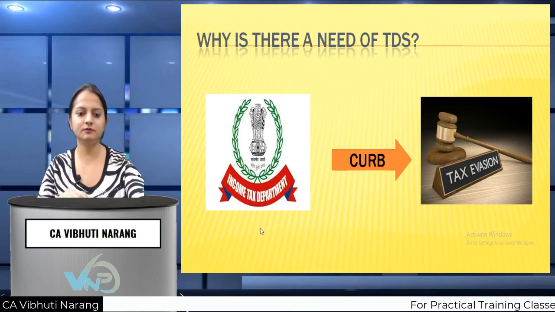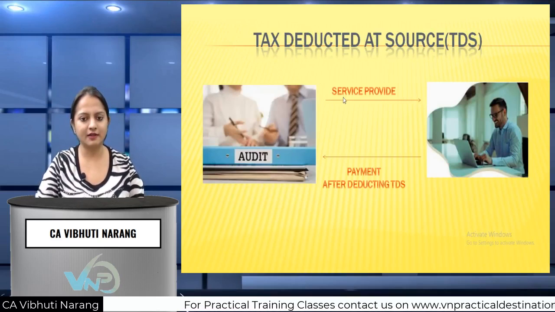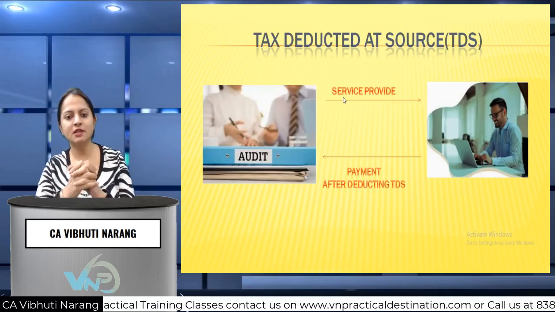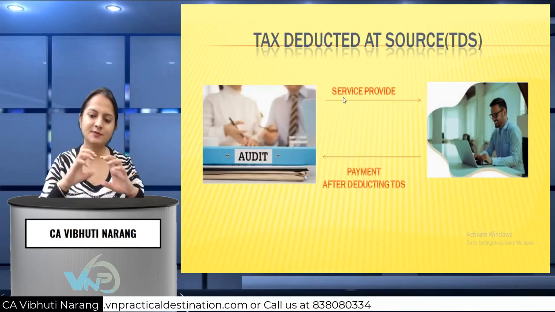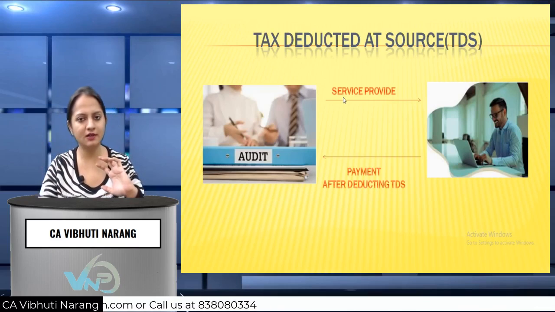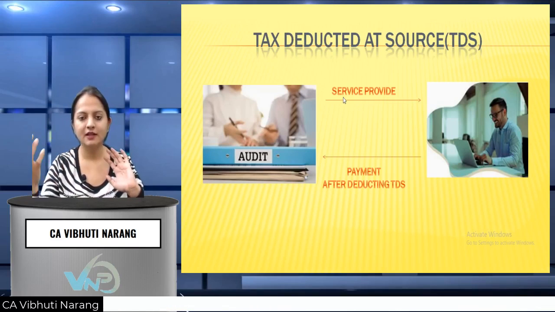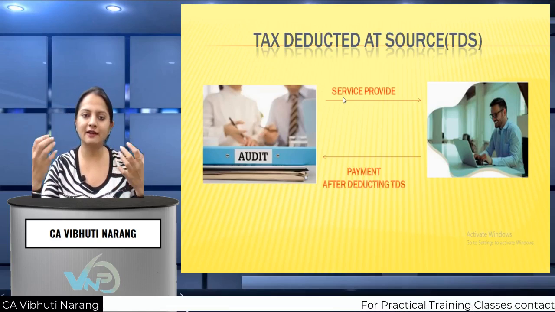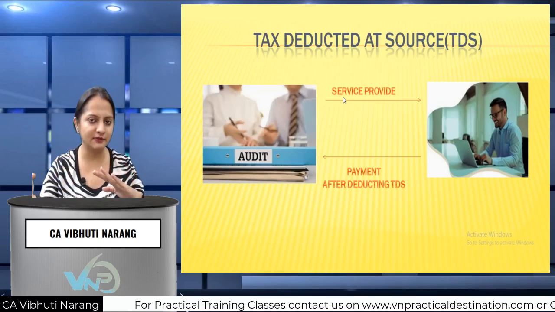Now we'll understand what is actually tax deducted at source. Let's suppose we, as a service provider, have provided some service to a client. For example, a CA is providing service to a client. The client is the person for whom it is an expenditure, and the CA is the person who is providing the service.